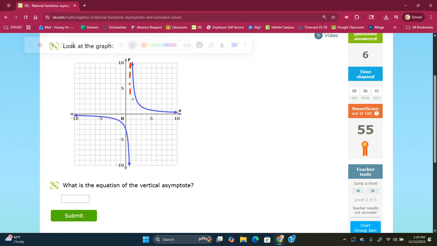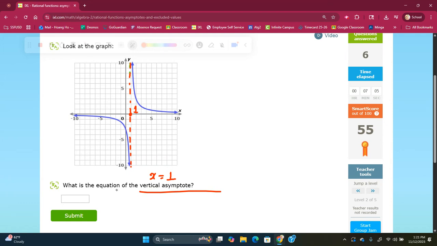In this case, the vertical asymptote passes through the point right here, which is number 1. So the vertical asymptote should be x equals 1. But if they ask for the excluded value, it is also x equals 1 in this case.